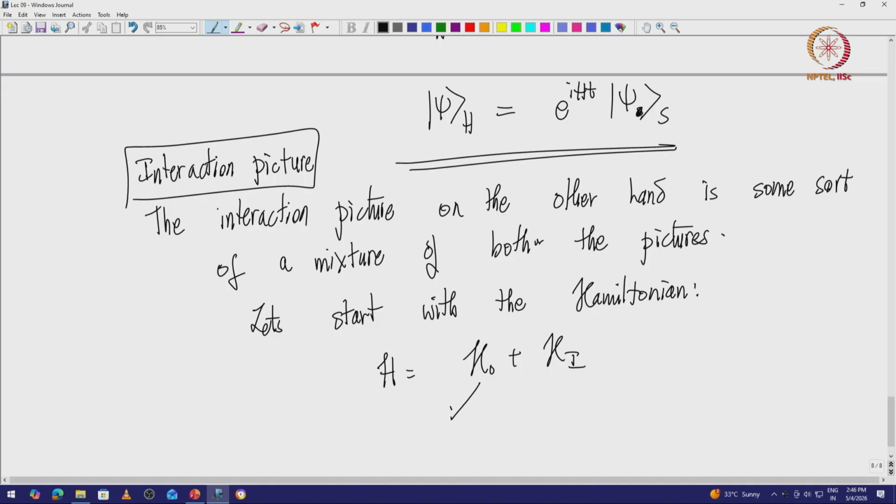H0 is the Hamiltonian of the free fields, which you can derive from the Lagrangian. H_I is the interaction part of the Hamiltonian.